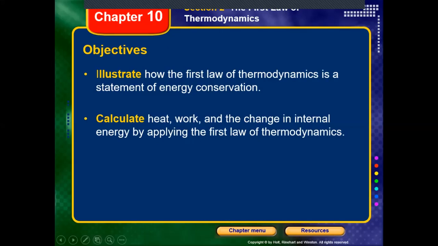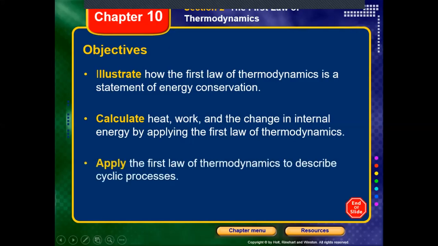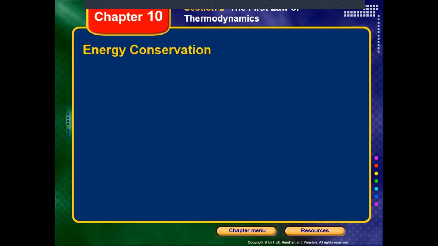Number two, calculating the heat, work, and the change in internal energy by applying the first law of thermodynamics. Number three, we will use the first law of thermodynamics to describe the cycle process. Now let's start. First, let's talk about the energy conservation.